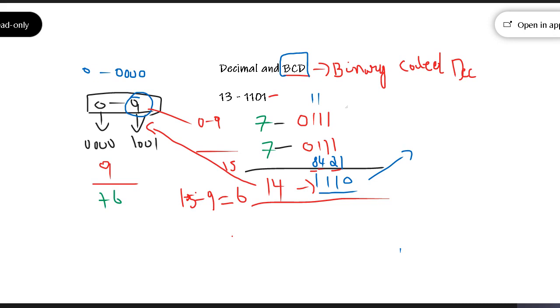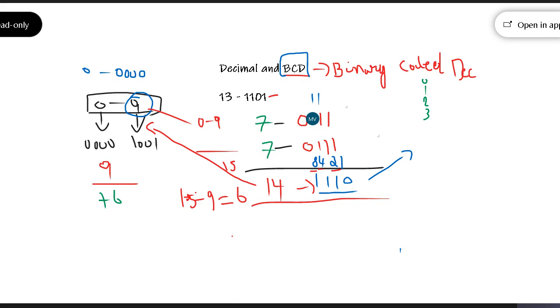Because you can see the count, 0, 1, 2, 3, wait, I'll just type, that will be easy. 0, 1, 2, 3, 6, 7, 8, 9, 10, 11, 12, 13, 14, 15.